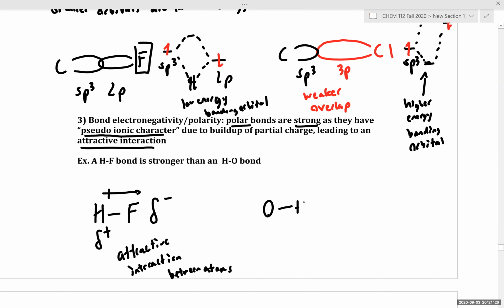At oxygen-hydrogen bond, the dipole is weaker, so in turn, our partial charge is less. Does that make sense to everyone? Just remember this idea, ionic bonds are strong, so bonds with ionic character, bonds with an uneven distribution of charge, with large partial charges, are also going to be strong due to this attractive interaction between our partially charged atoms.